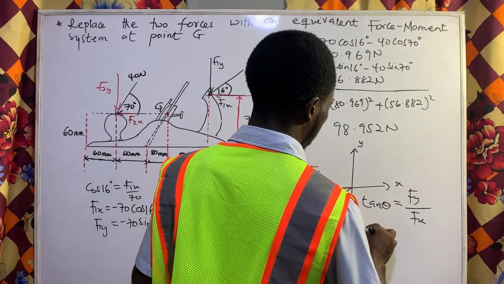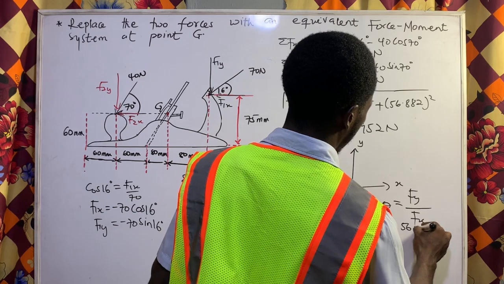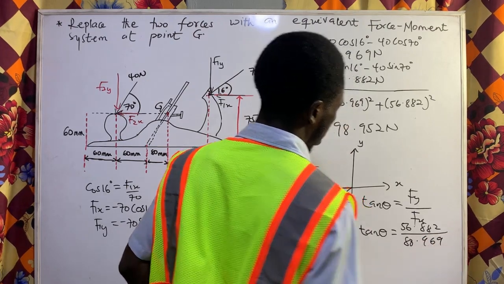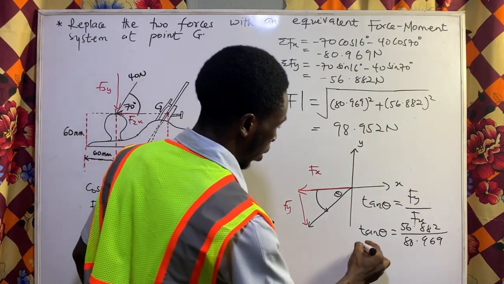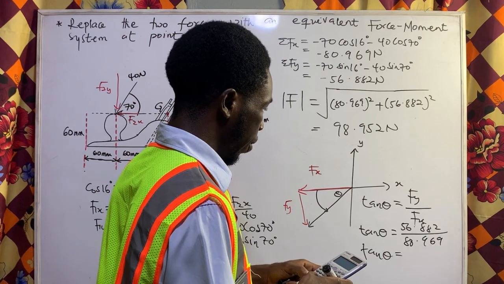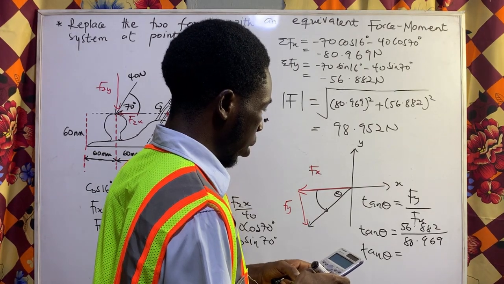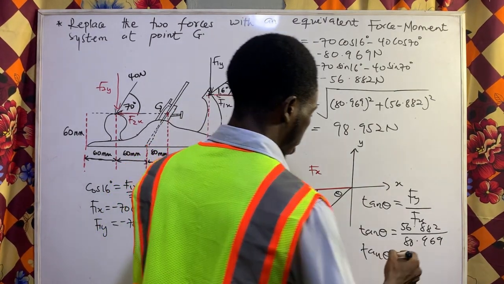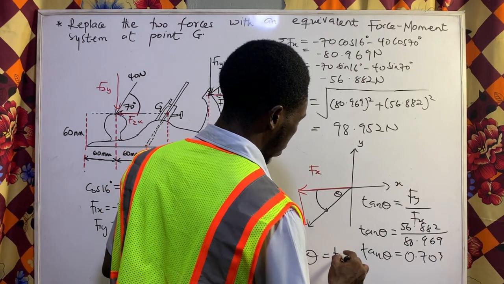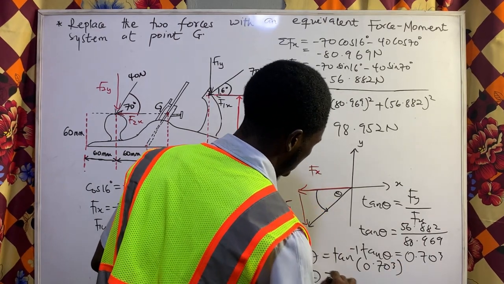So tan theta equals 56.882 divided by 80.969. This will give us a value of 0.703. So let's find tan inverse of 0.703 and see what we get for theta.